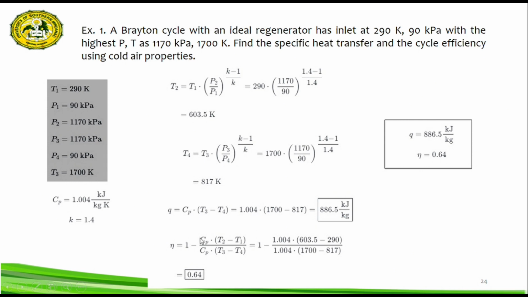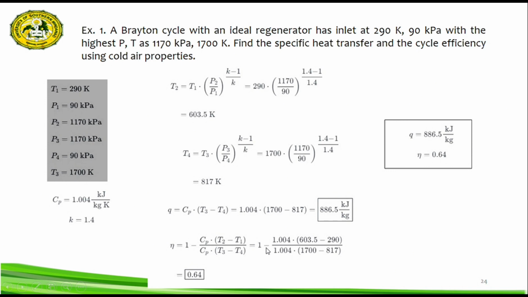For finding the cycle efficiency, we have this equation: 1 minus the specific heat multiplied by the temperature at state 2 minus the temperature at state 1, over the specific heat multiplied by the temperature at state 3 minus the temperature at state 4.